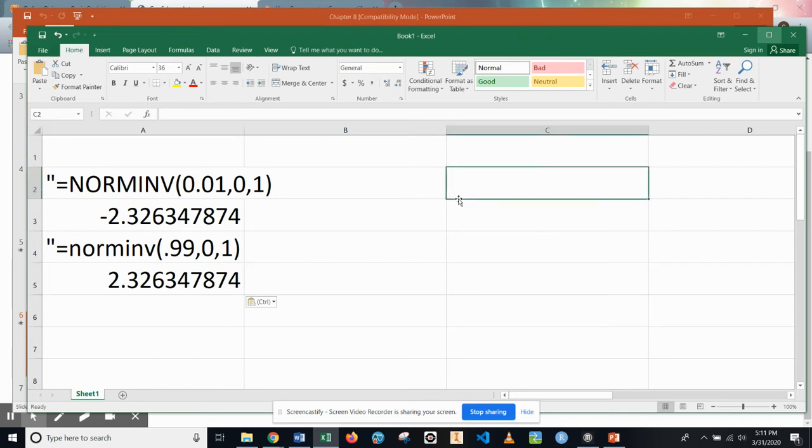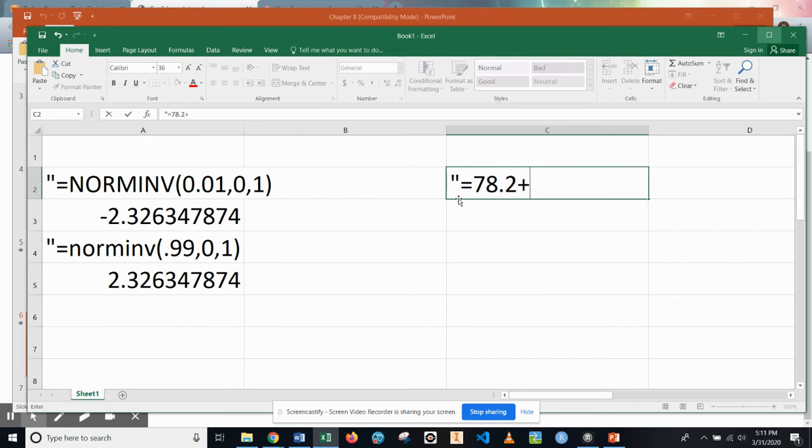So the formula was x-bar plus z times sigma divided by the square root of n. It's not a very good way to type that, so we'll just start typing it in. We had a mean of 78.2.